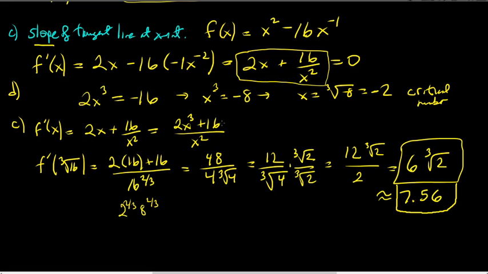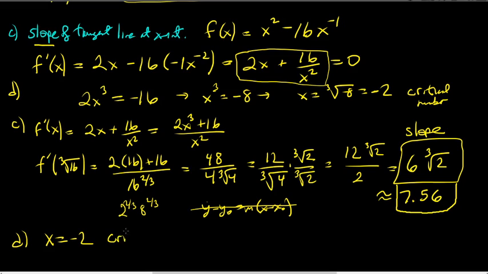Some of you, I guess, were trying to do that because you were doing the point slope form here. Not necessary. I didn't ask for the equation of the tangent line, right? Just the slope. Okay. And then part D I did already. Part B is the critical numbers, and there's only one, x equals negative 2. So part D, x equals negative 2, is the only critical number.